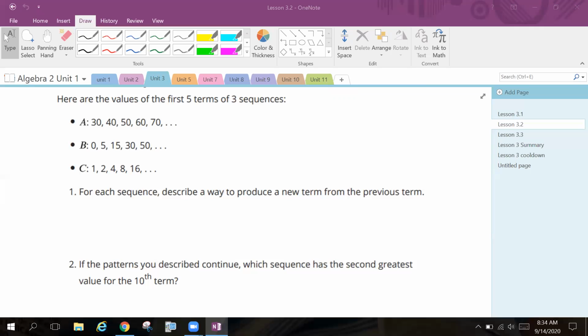Miss Tyner, can I run to the restroom? Yes. Okay.